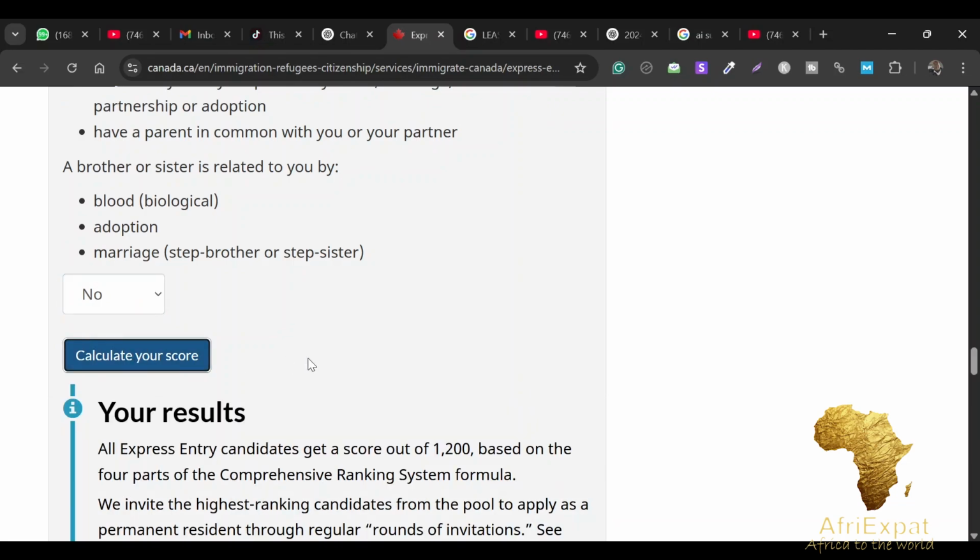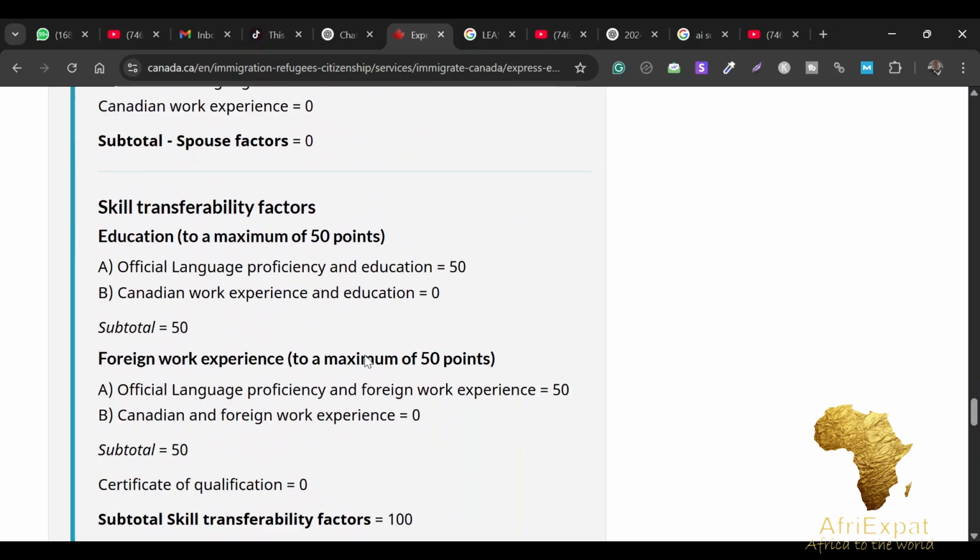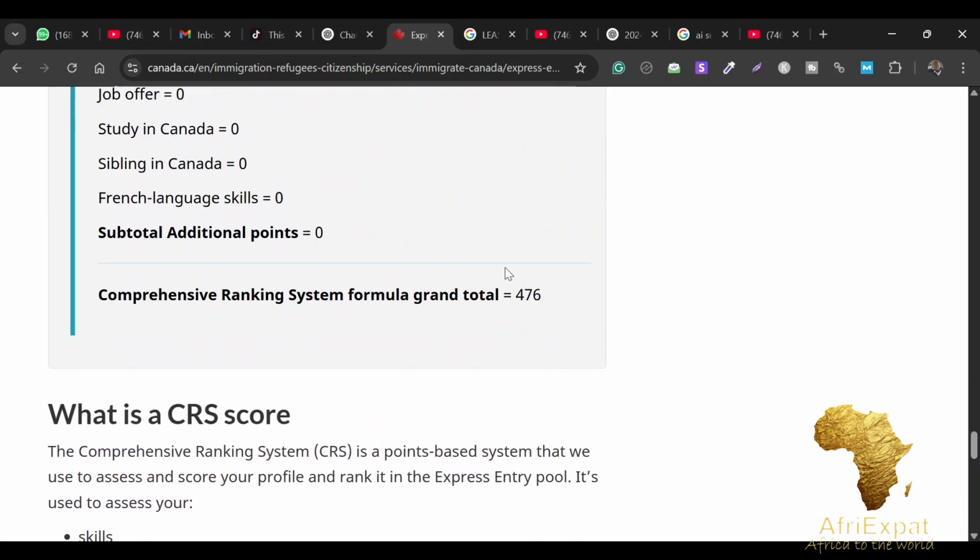Let's calculate the score and look at the results. The result here is what? 476. If you remember, comparing with the earlier result we got, we had 561 in the first result. Even though they have about the same factors, this second individual is older, at 30 years. By the way, the first individual was 20 years.